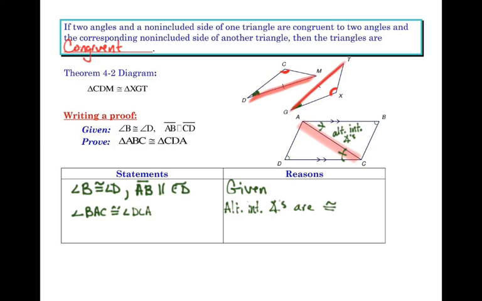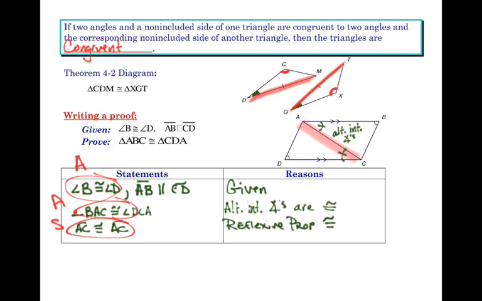And now I have AC is congruent to AC. That's the side that they share here. And our reason for that is the reflexive property of congruence. This means it's congruent to itself. And so now I have angle, angle, side. I have that relationship. I can conclude that my triangles are congruent. And from there, my reason is angle, angle, side.